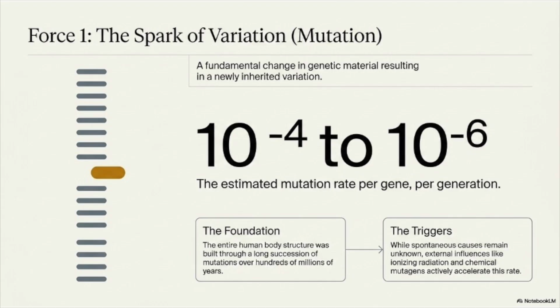The first of these forces is the spark of variation or mutation. A mutation is a fundamental change in genetic material that results in a newly inherited variation. The estimated mutation rate is about 10 to the power of negative 4 to 10 to the power of negative 6 per gene per generation.